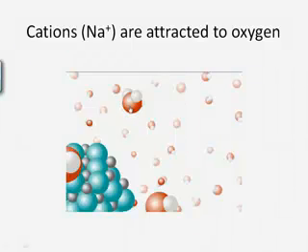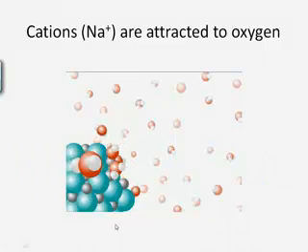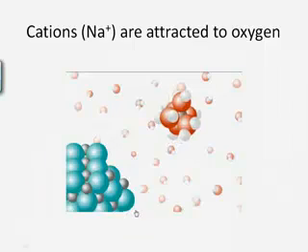The oxygen atom in a water molecule is going to be more negatively charged because the electrons in the bonds are going to be pulled more towards the oxygen atom. And we'll talk a little more later about why that is. But what that means is that when the water molecules approach our sodium chloride crystal, it's going to be the oxygen atoms that are going to rotate in and be attracted to our sodium ions.